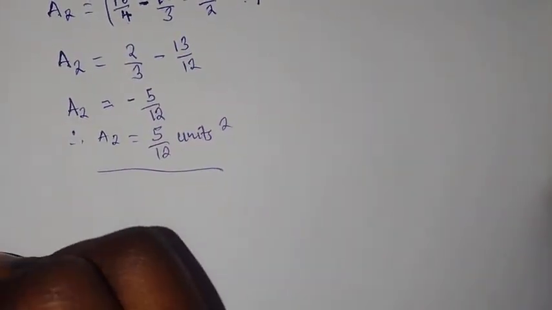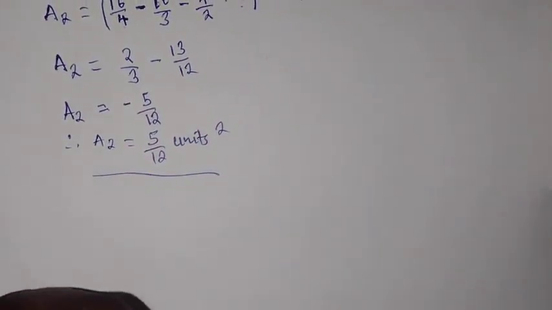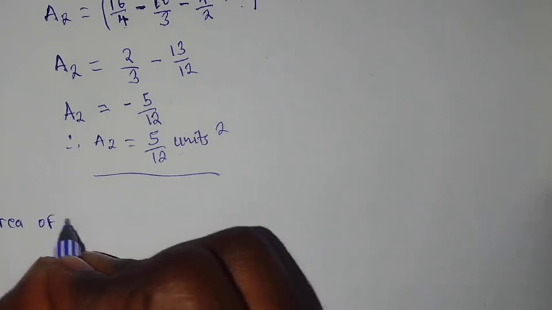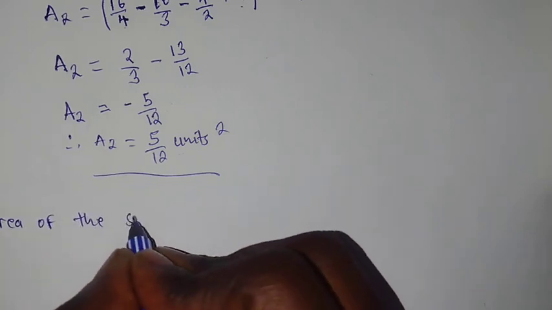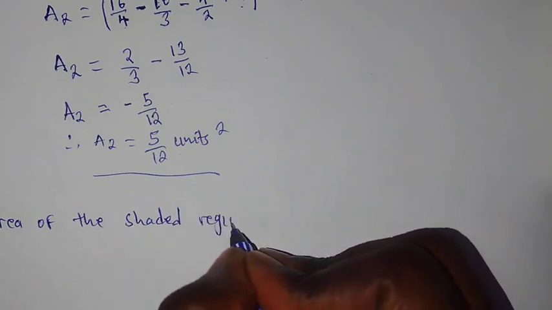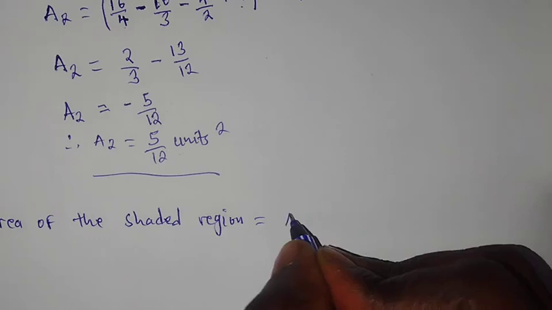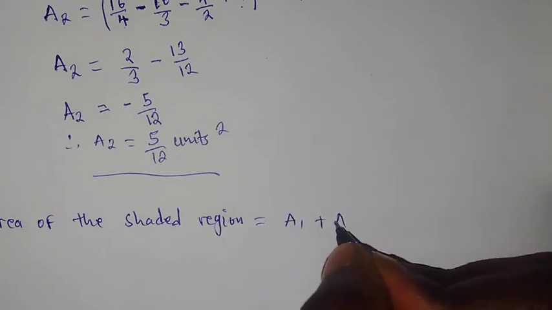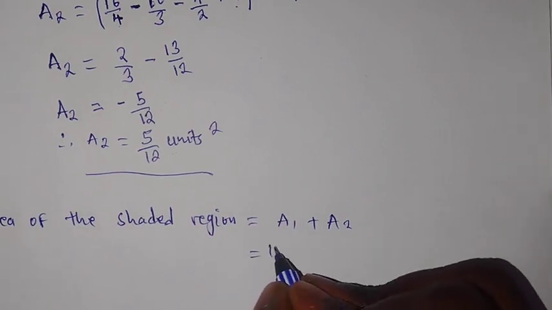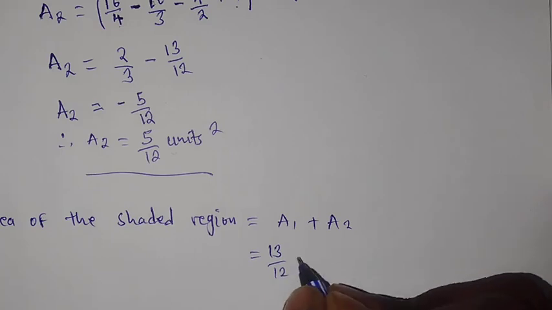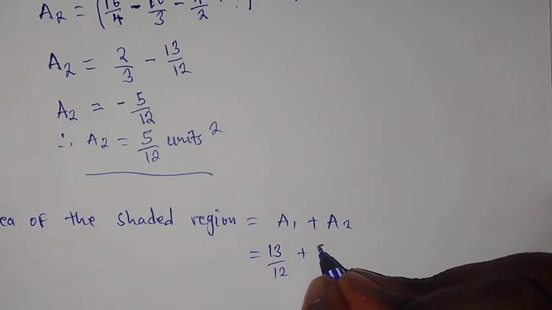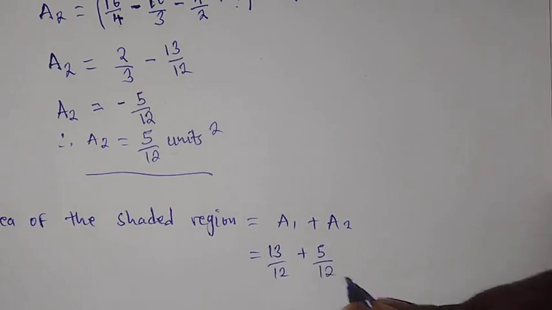Therefore, area of the shaded region is equal to, we said, area 1 plus area 2. So what is our area 1? We have 13 over 12 plus, what is our area 2? We have 5 over 12.